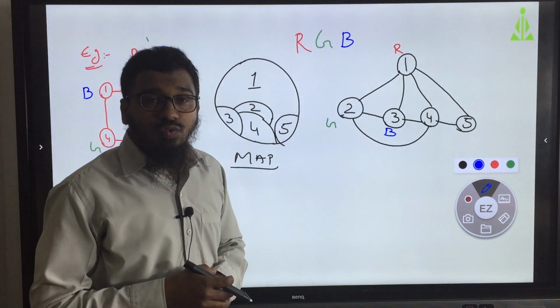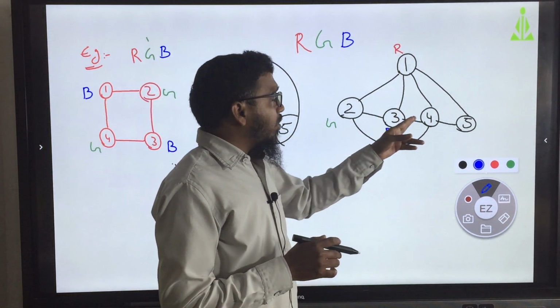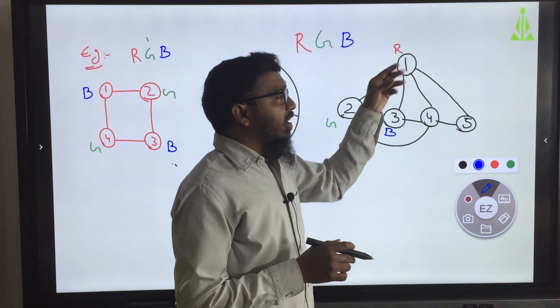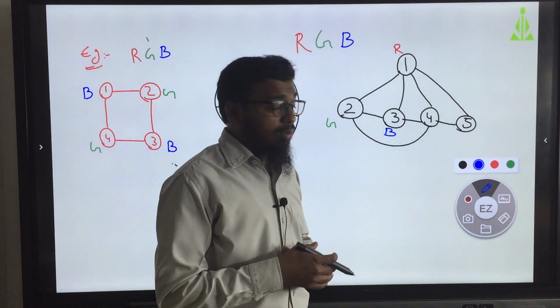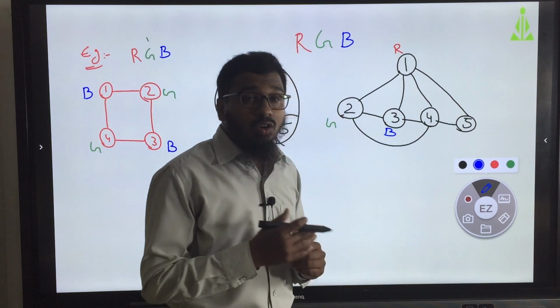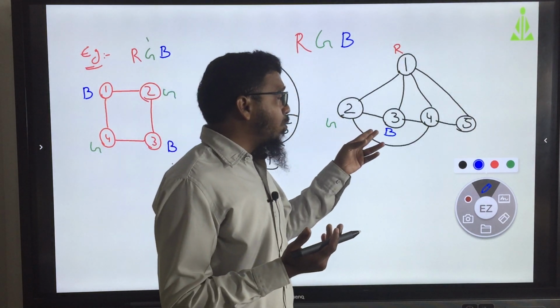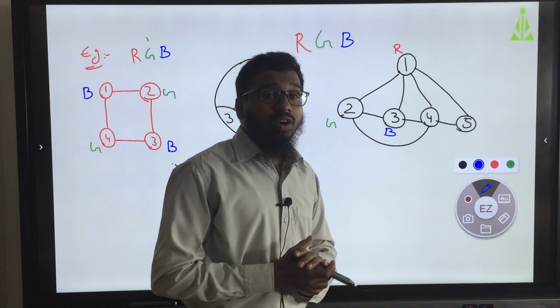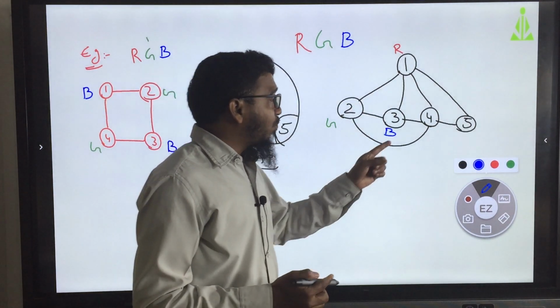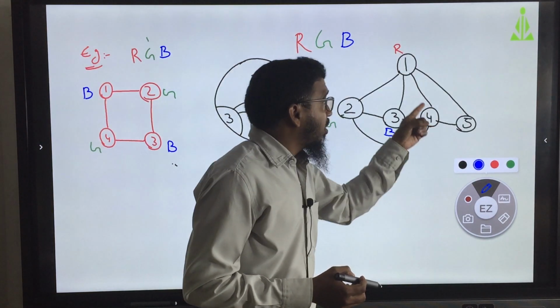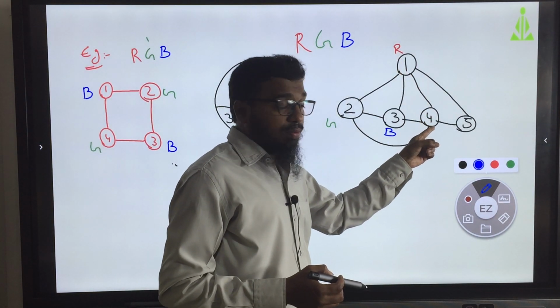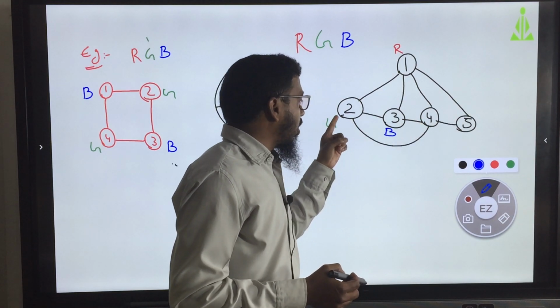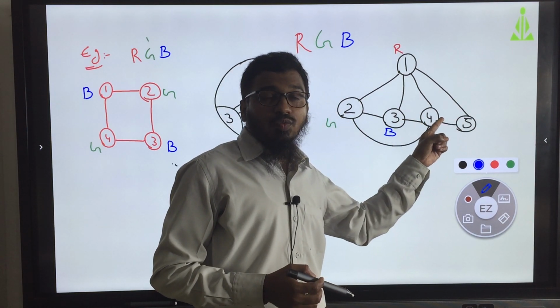Next, if we go to the 4, can I give the red color? Not possible. Can I give the green color? Not possible. Can I give the blue color? Not possible. The 3 colors are already given, and for the 4, if I give the red color, then it is the same color as 1. If I give the green color, then it will be the same color as 2.